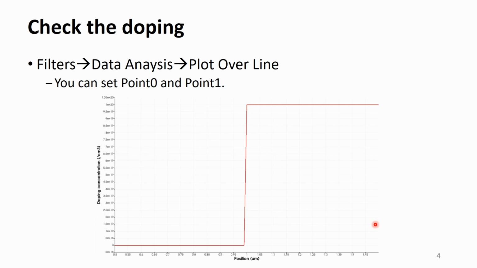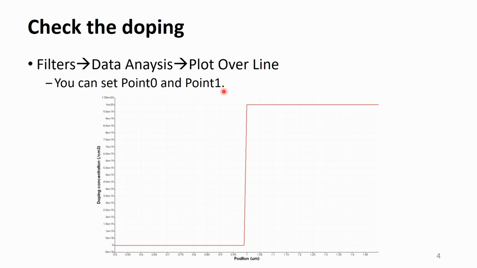In ParaView, you may find the filters menu. Then data analysis and then plot over line can be found. Or you can directly click the icon for plot over line. Anyway, once the filter is selected, you can set point 0 and point 1.